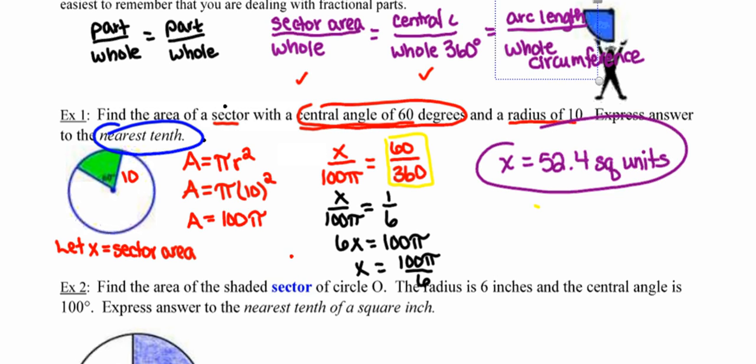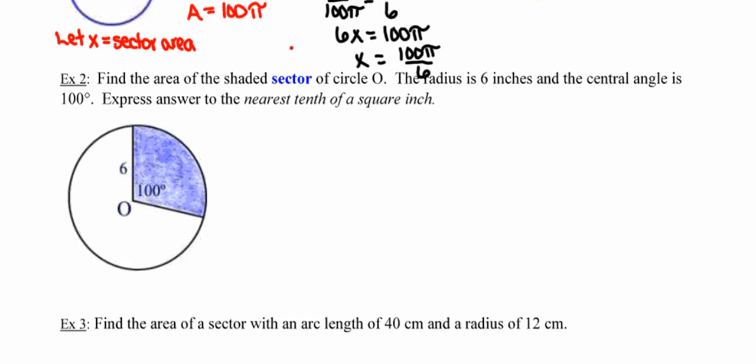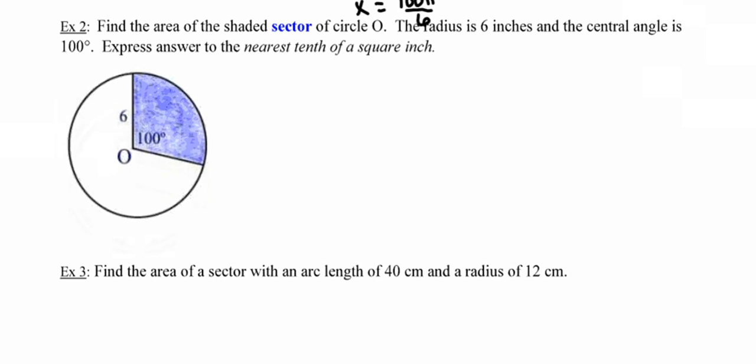Excellent. Let's go ahead and take a look at the next one. In number 2, it says find the area of the shaded sector. They tell us that the radius is 6 inches and the central angle is 100 degrees. Express the answer to the nearest tenth. This one looks very similar in that we're dealing with, again, the area and the central angle. So again, I'm going to say let x be the sector area.